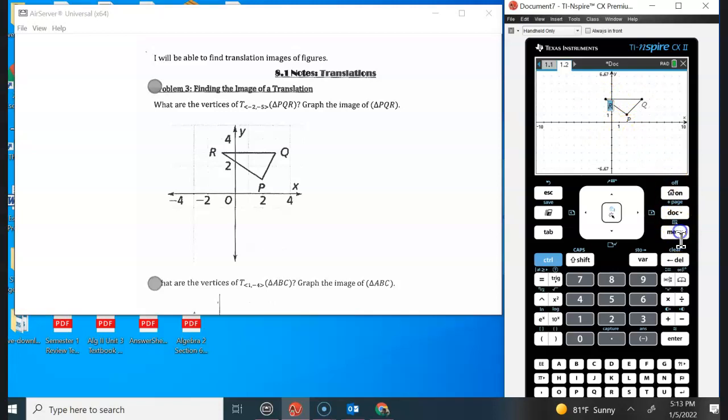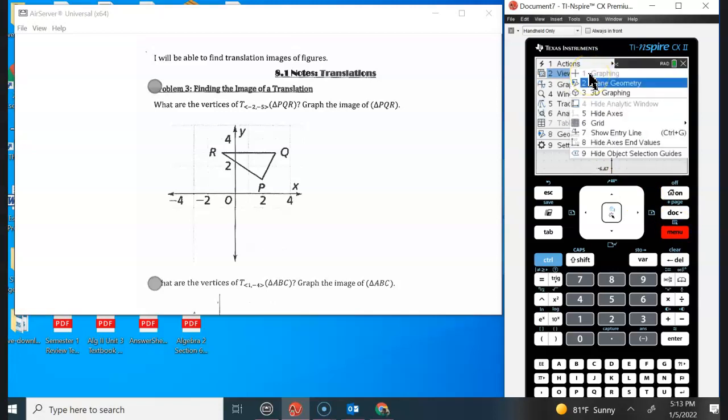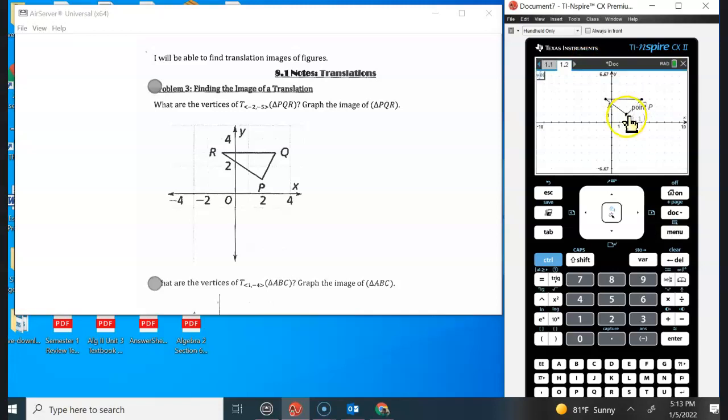And what I'm going to also do is go back to my menu and view the coordinates. So this is coordinate 2, 1. And this is coordinate 4, 3.